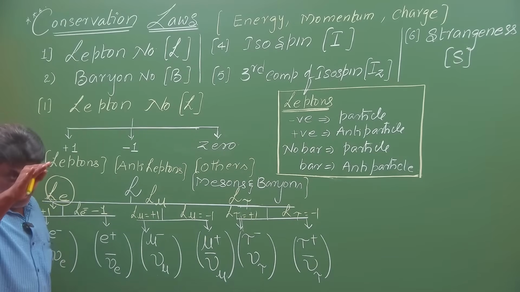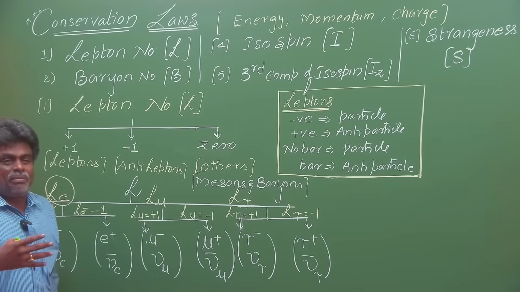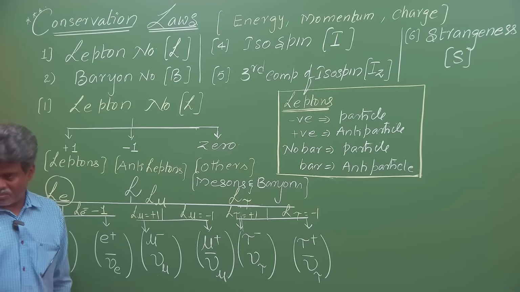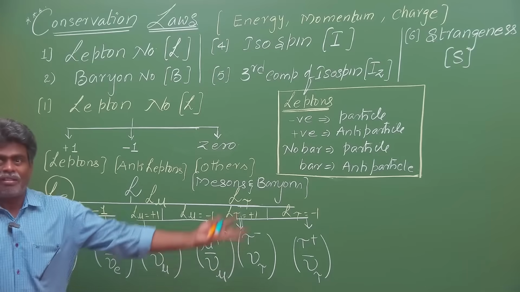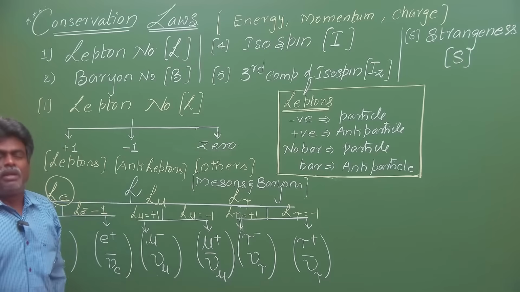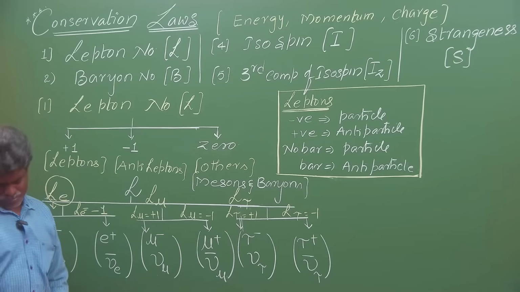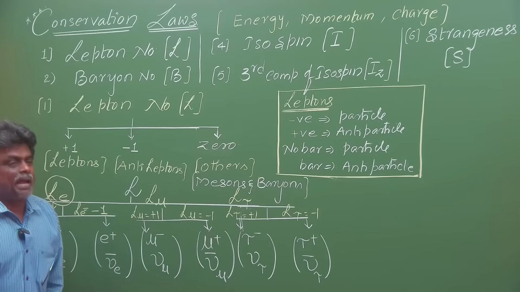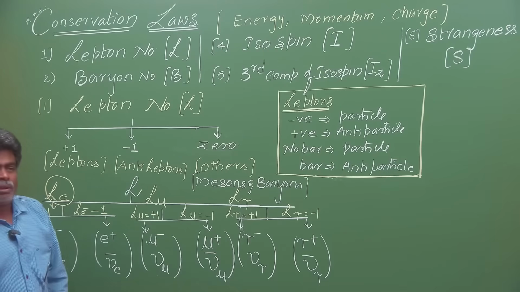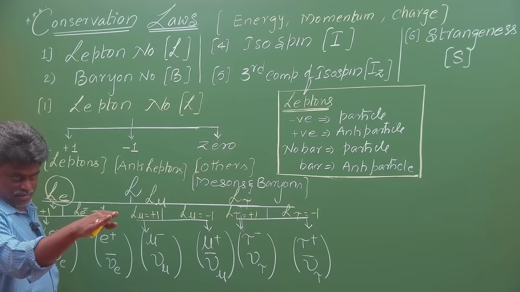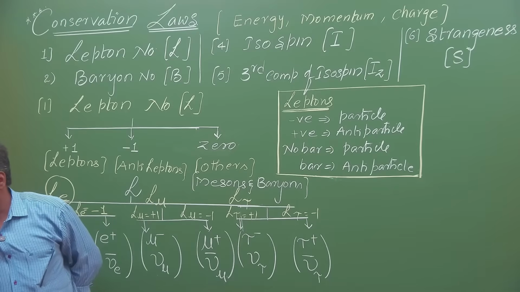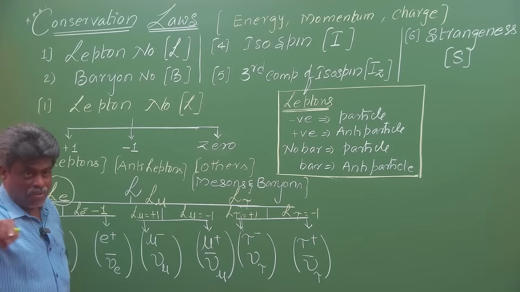Nu tau. See, if you try, then only you will get it. Do you think it's an easy task to answer in the exam? All the values will be circulating here. That's why you have to practice. Nu tau, e minus, nu e bar, mu plus, nu mu bar, nu e, nu tau, tau minus.